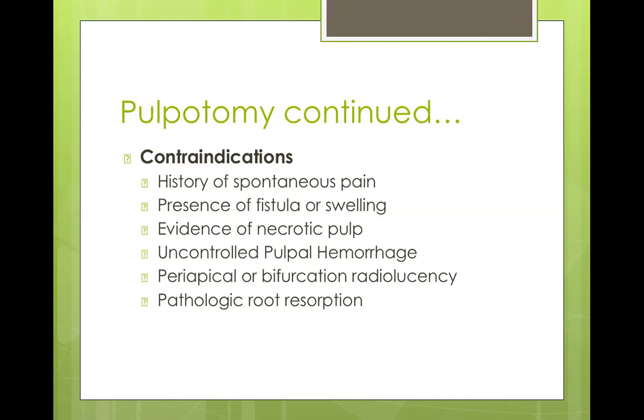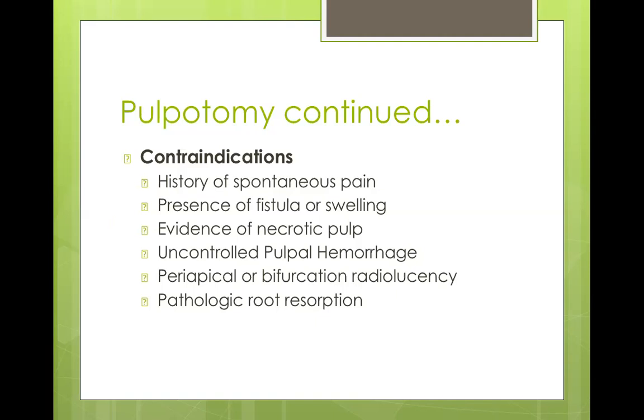If there's a fistula, necrotic pulp, or if the pulp is hemorrhagic. So there are times when there's big decay close to the pulp or in the pulp, okay, we're going to do a pulp therapy. This tooth does not wake up at night. There's no abscess, there's no pain on palpation or percussion. You get in there and you remove decay, remove the coronal pulp, and you cannot control bleeding.